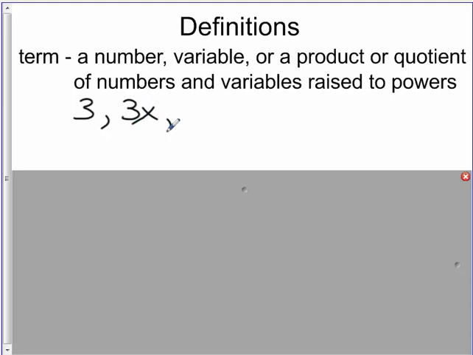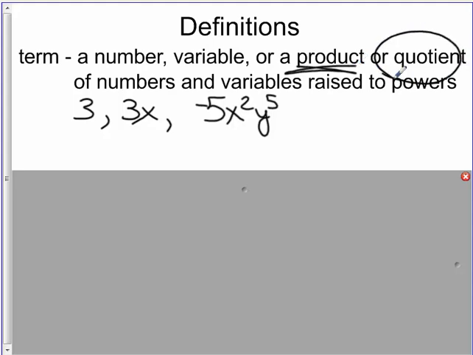Well, what does 3x mean? 3 times x. That's a product. It has variables in it, so it could have just a single x. That would be fine. Could have a negative 5x squared y to the 5th. All those are products, so that would be considered one term, even though there's a lot of different parts to it.